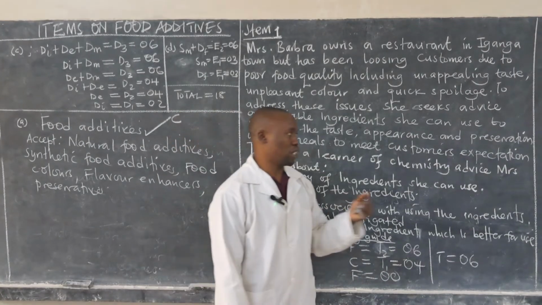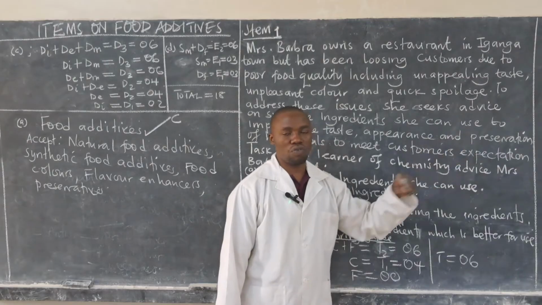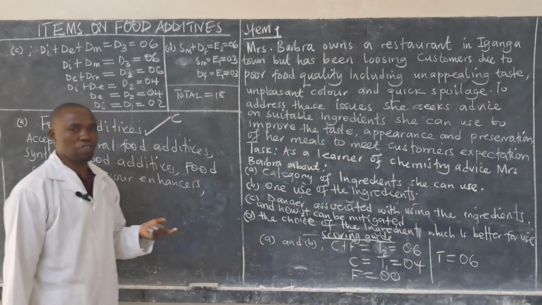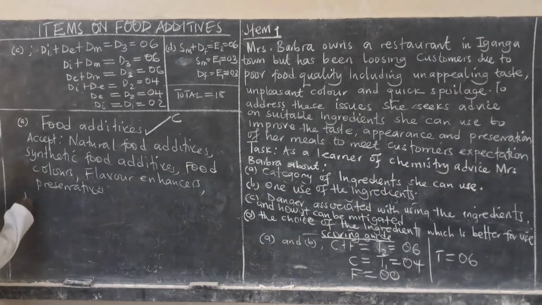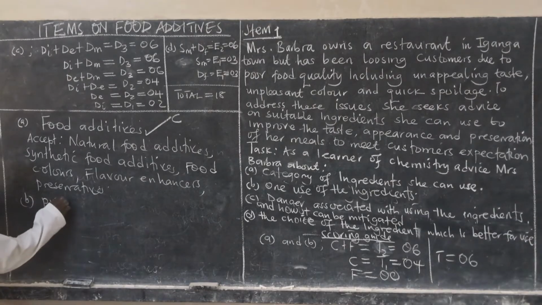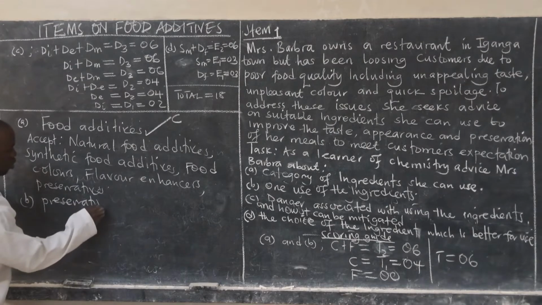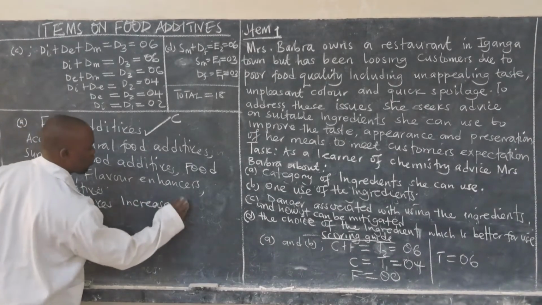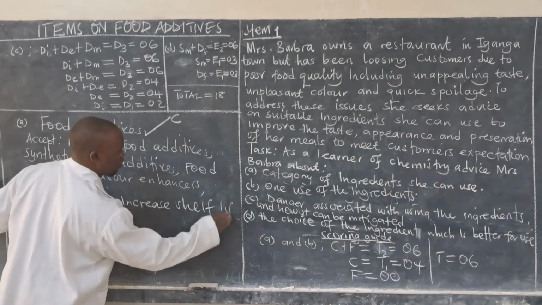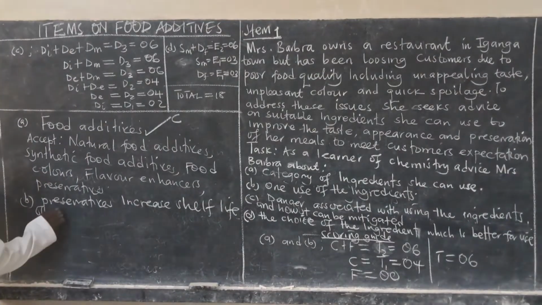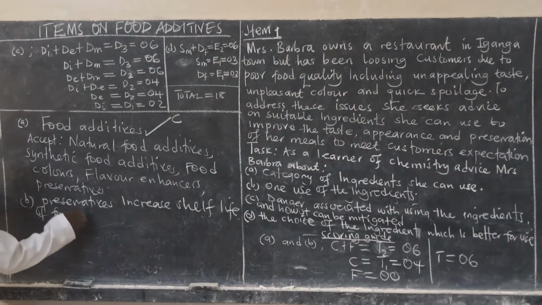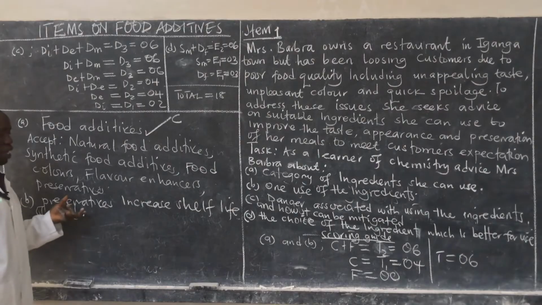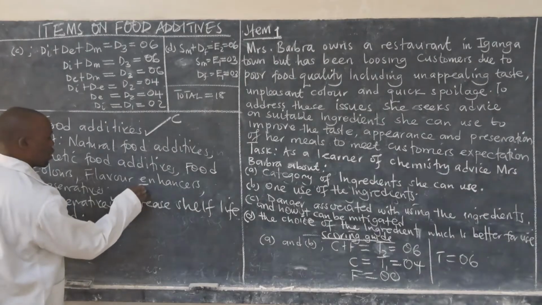Food additives are used to improve the shelf life. Or they can be more specific and say preservatives increase shelf life of food. Only one use is required here. So you put a tick F.